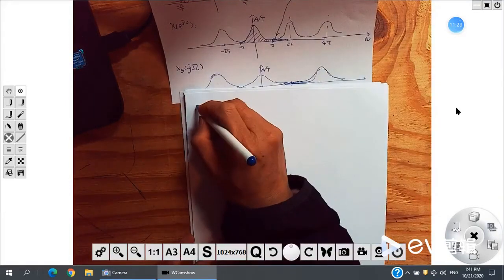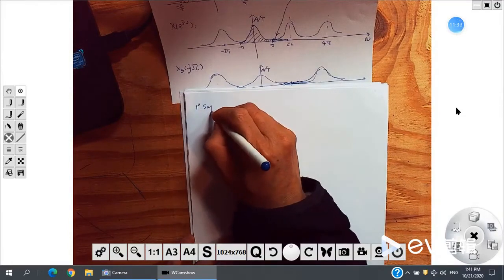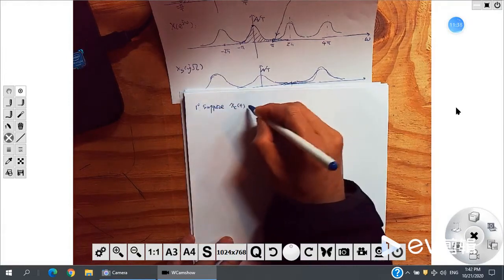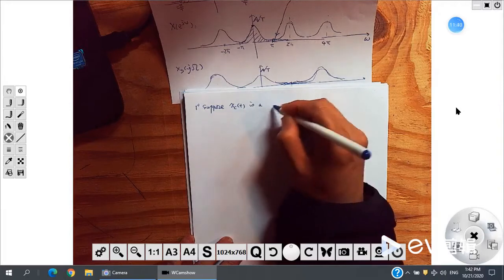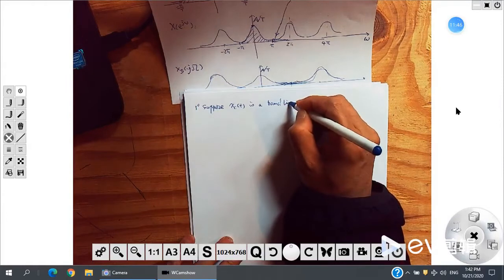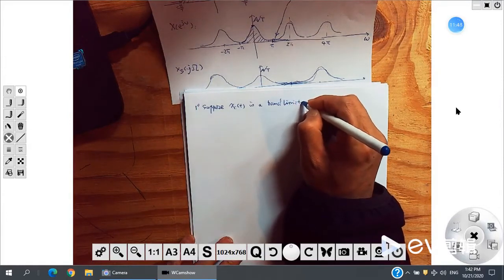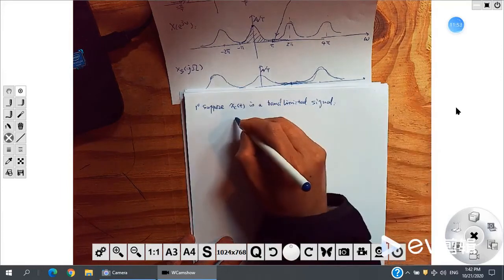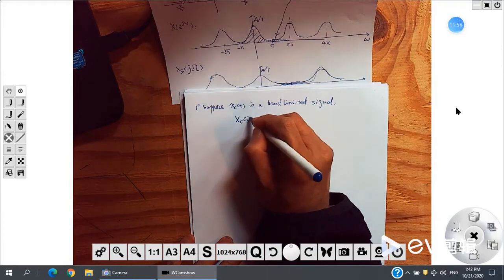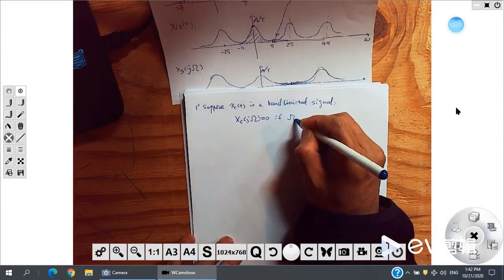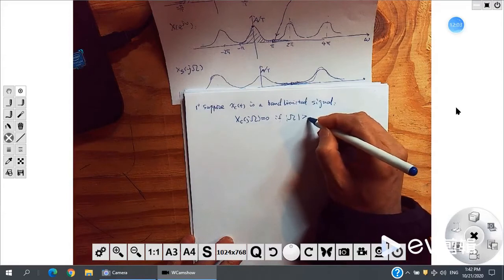Actually, we need two factors for that case. First one, suppose XC of t is what we call a band limited signal. That means XC of j omega will equal 0 if the absolute value of omega is larger than some omega n.